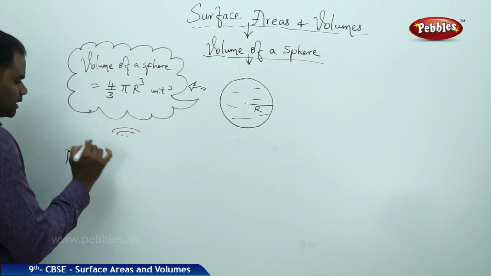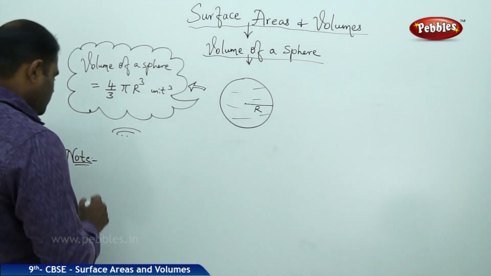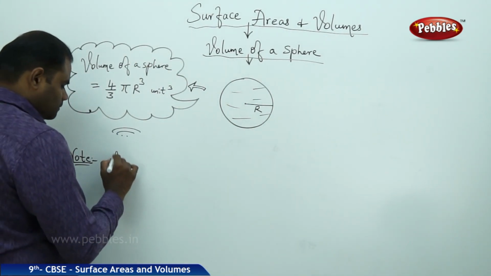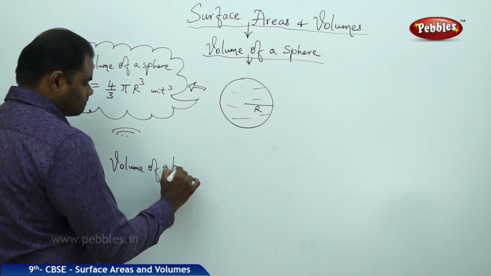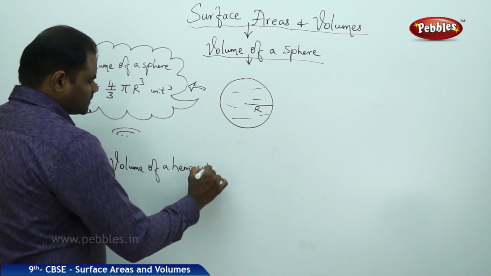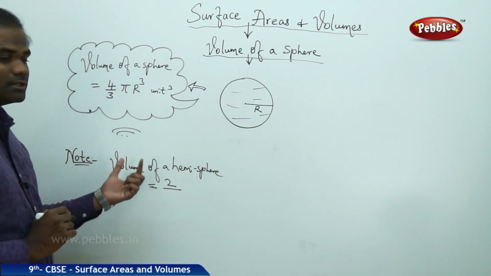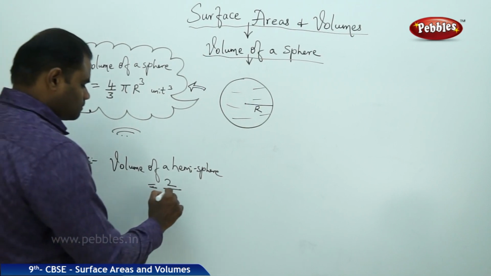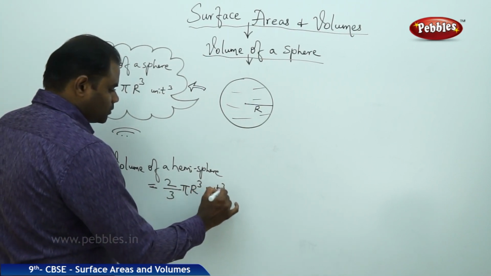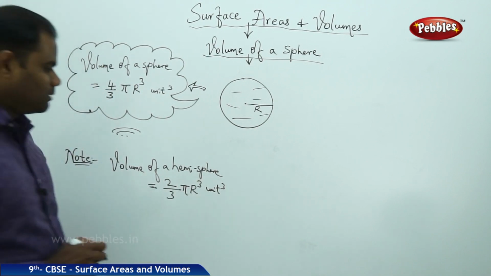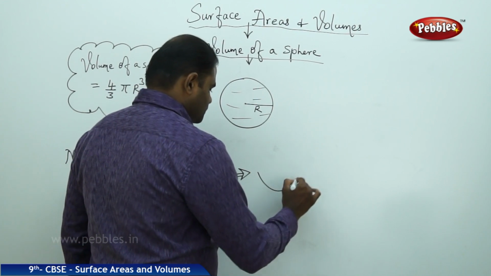So with this, it's clearly understood that if the volume of a sphere is 4/3 pi r cube, then volume of a hemisphere is half of the volume of the sphere, that is 2/3 pi r cube unit cube, because exactly a hemisphere is nothing but half of the sphere.